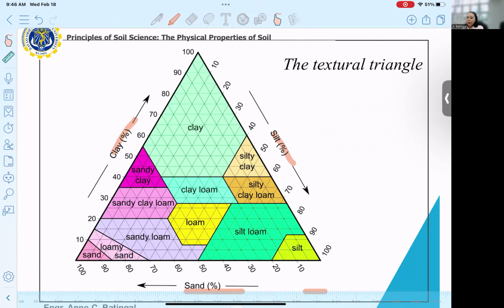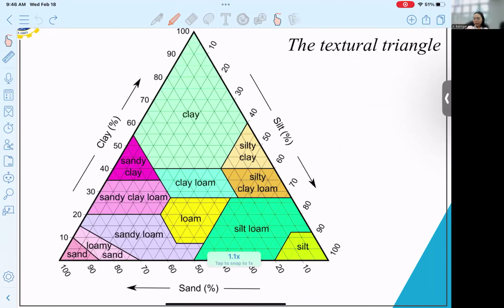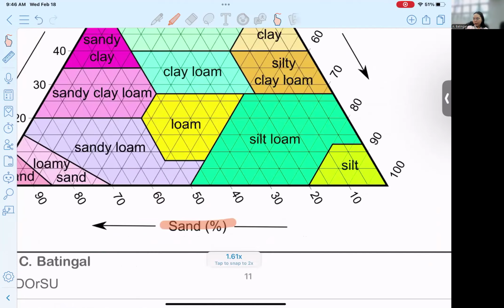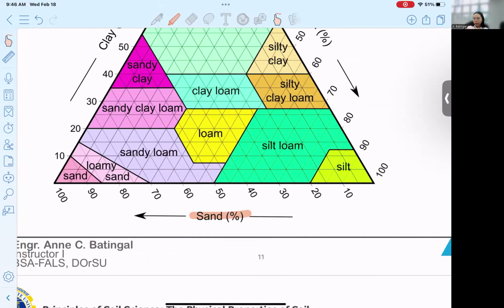So what happens in your textural triangle? In the soil texture triangle, the bottom side is your sand. It depends: 10, 20, 30, 40, 50, 60, 70, 80, 90%.